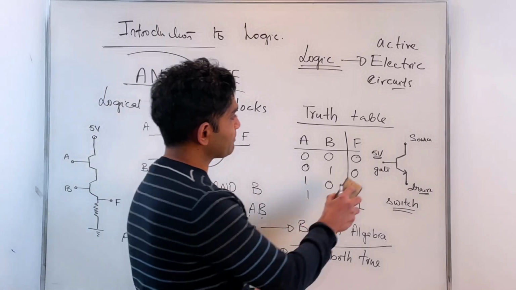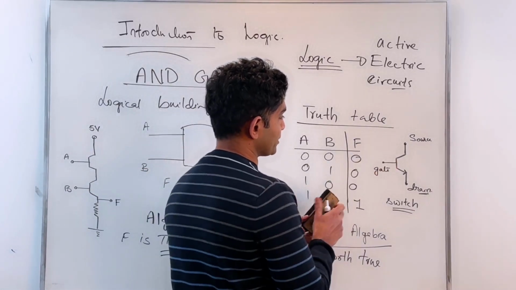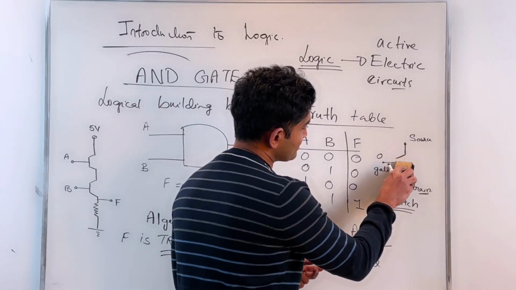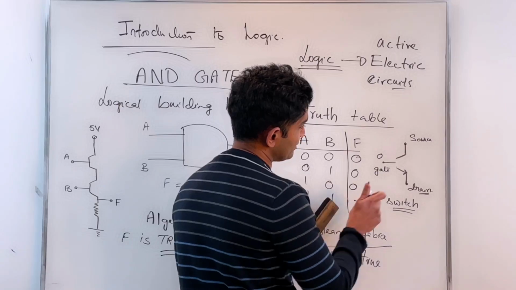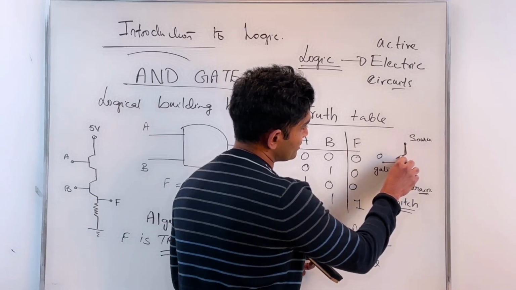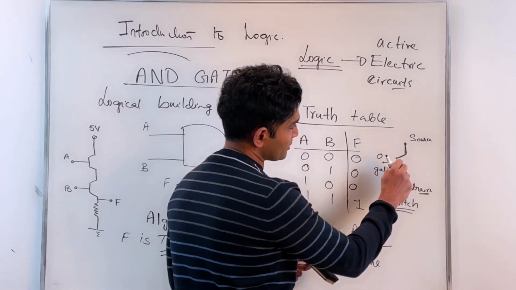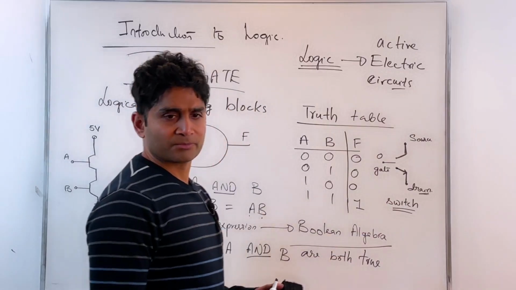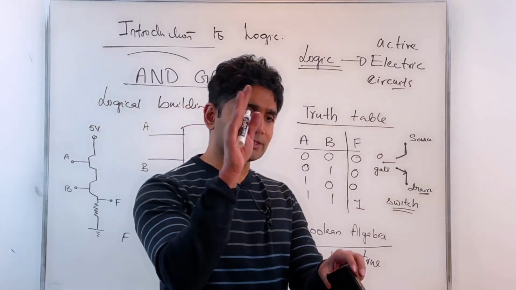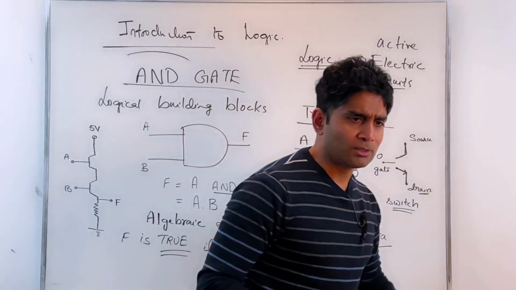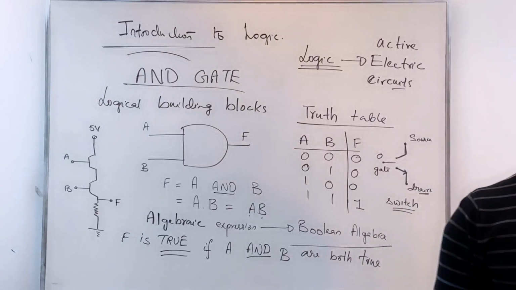On the other hand, if I take out the gate voltage, if I apply 0 here, then the conducting channel is lost, and the source is disconnected from the drain. So that's an open circuit. It's like a switch, just that the closing or opening of the switch is controlled by this gate. At the very fundamental level, that's all you need to understand about how a transistor works.